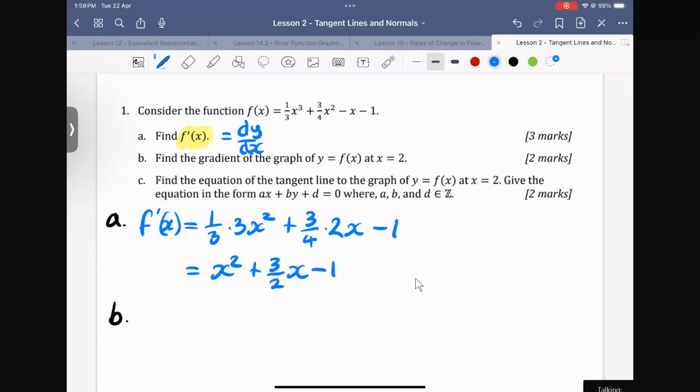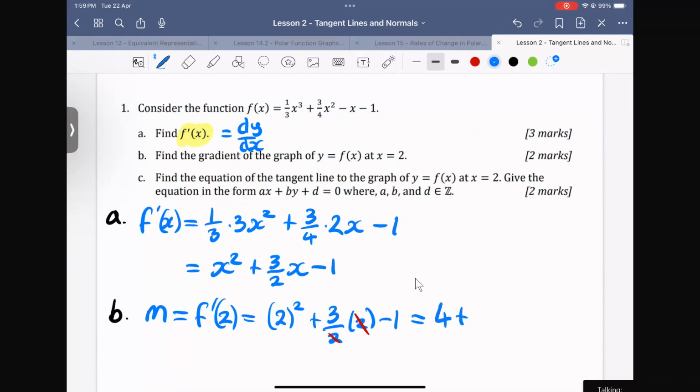Find the gradient of the graph y equals f of x at the point x equals 2. So our gradient is equal to f prime of 2, which means we put a 2 in here. This 2 cancels that 2. We get 4 plus 3 minus 1, which equals 6.